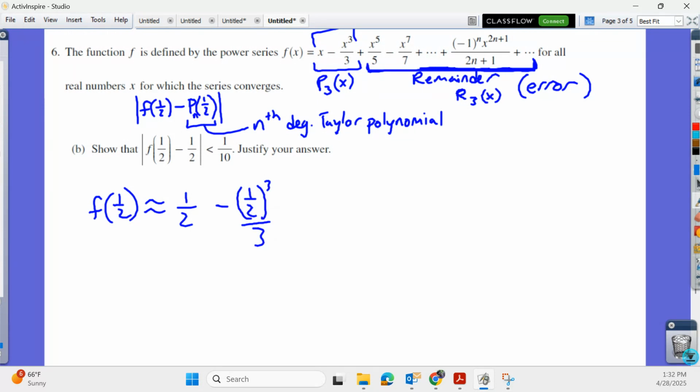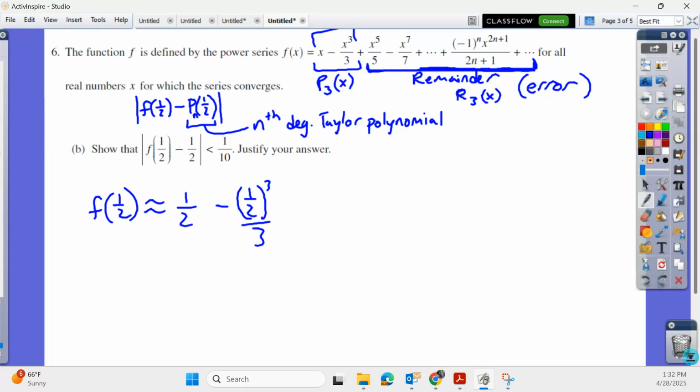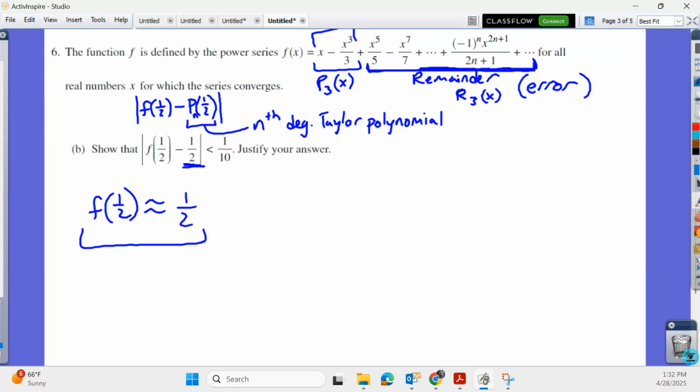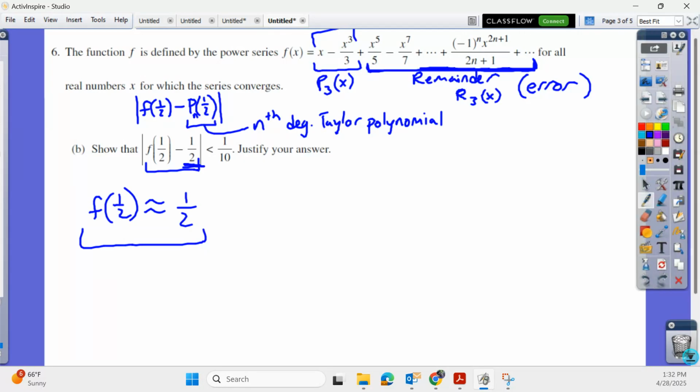That would be the third degree Taylor polynomial, like I was talking about here. But I don't want to do that, because f of 1/2 approximately equals 1/2. This is already the value we're comparing it to. I want to know, how good of an approximation is that if I just use the first term only? And typically, just one term is not a great approximation. You wouldn't normally stop there, but it's a simple problem.